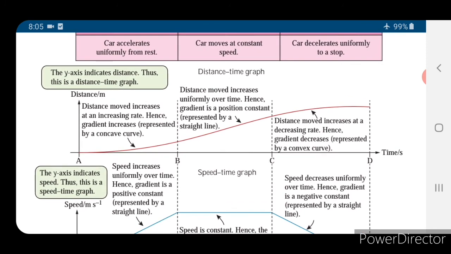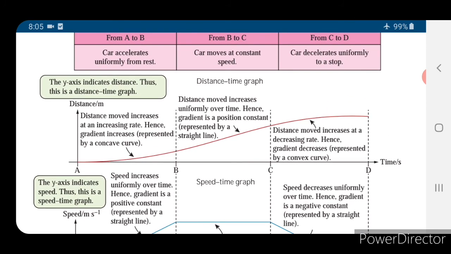First, when the car accelerates uniformly from rest, the distance moved increases at an increasing rate. Hence, the gradient increases, represented by a concave curve. When the car moves at constant speed, the distance moved increases uniformly over time. Hence, the gradient is a positive constant represented by a straight line.